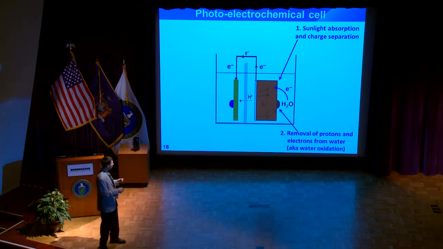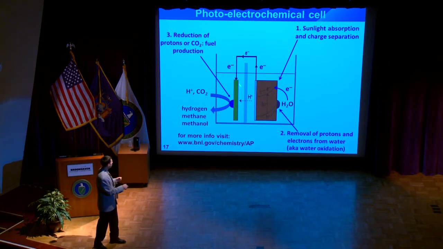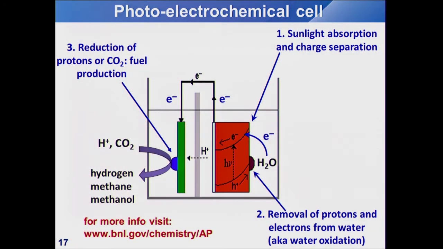And then it can use the positive charges to remove electrons from water and transfer them through the wire to the other side, where it can put these electrons on another molecule, for example, a proton, which is generated, by the way, from oxidizing the water molecule here and transferred across this separation membrane.